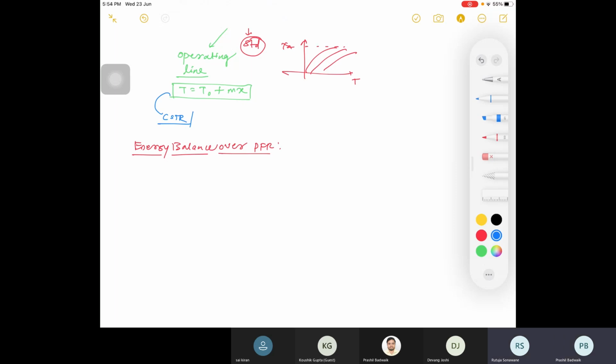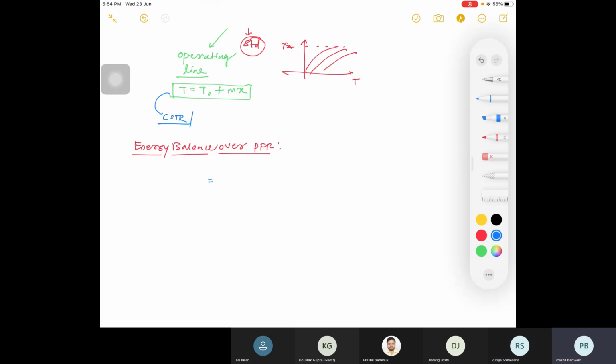Minus F naught into delta H reaction by summation of F naught C_P bar. Delta H reaction, F naught into X_A is also there, right? For maximum temperature rise, X_A is equal to 1. But generalized, you can write X_A.